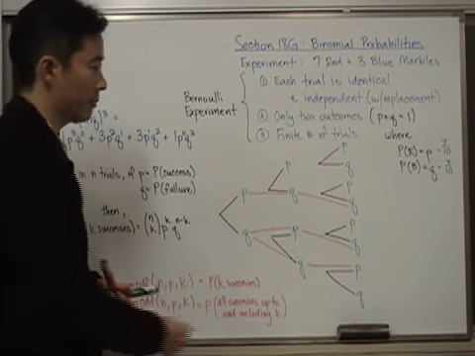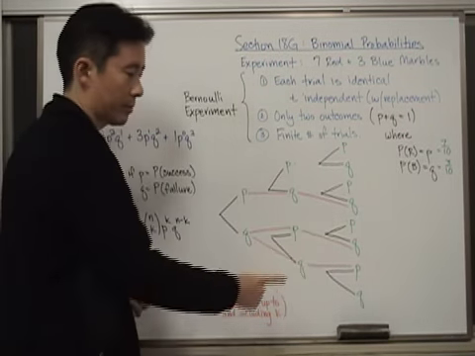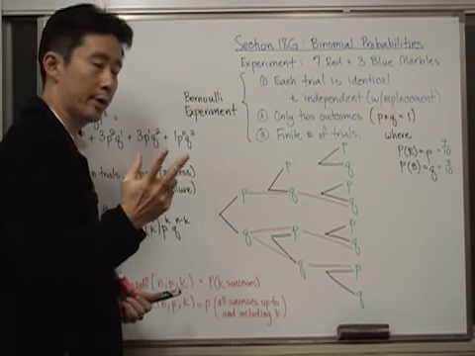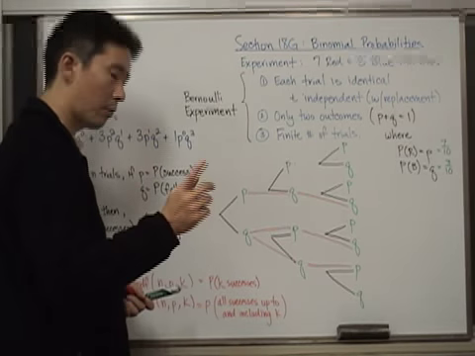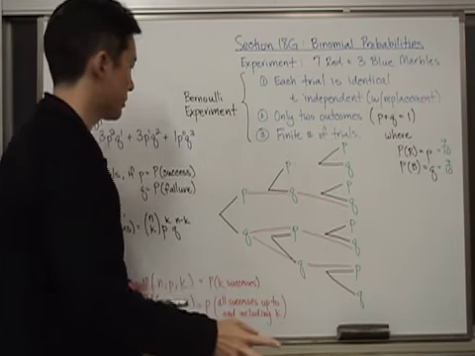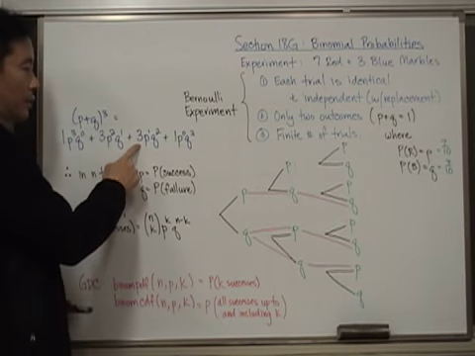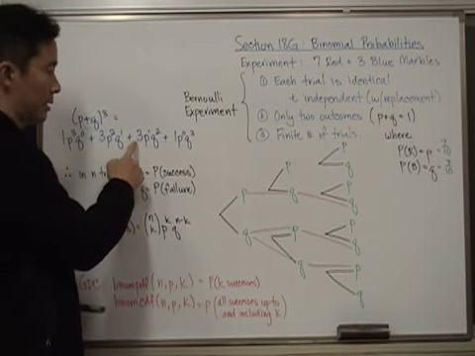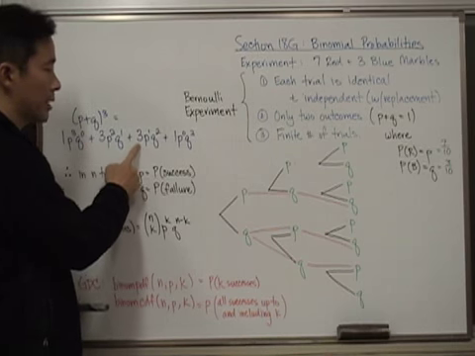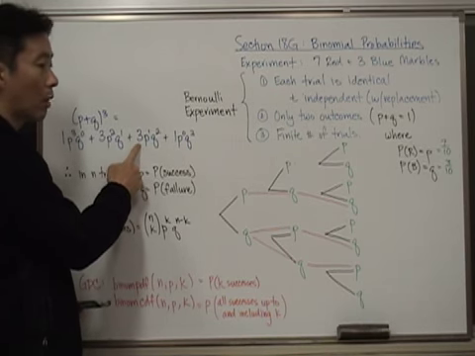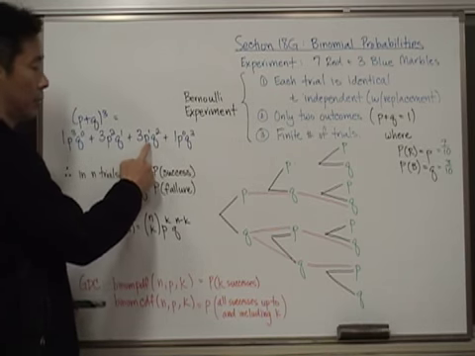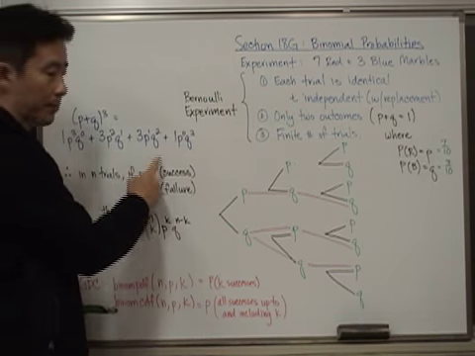Sure enough, we have 3 different possible ways of coming out with 1 red marble and 2 blue marbles. So notice again, let's think about the choose notation as well. This is 3 choose 1, right? Because you're choosing only 1 red marble and 2 blue marbles.